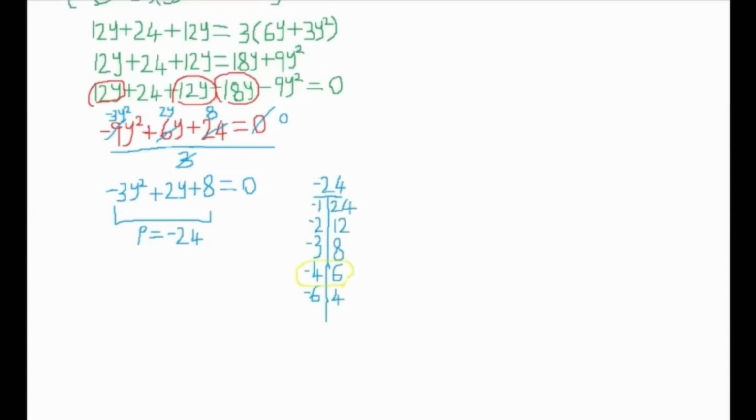In order to do that, you must find the factors of negative 24. So here the factors of negative 24 are 1, negative 1, negative 2, negative 3, negative 4, negative 6, and it goes on.